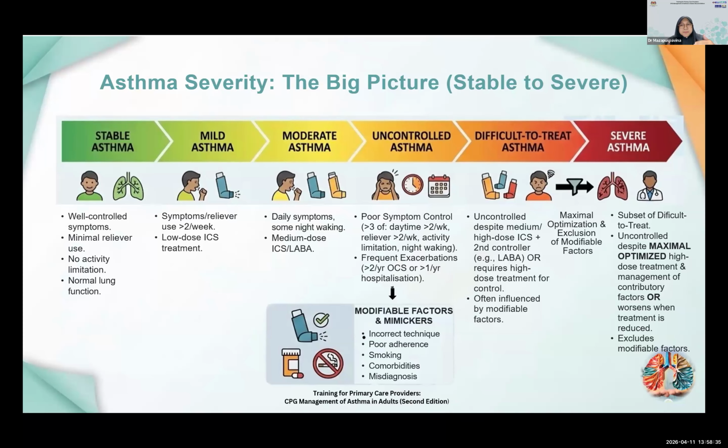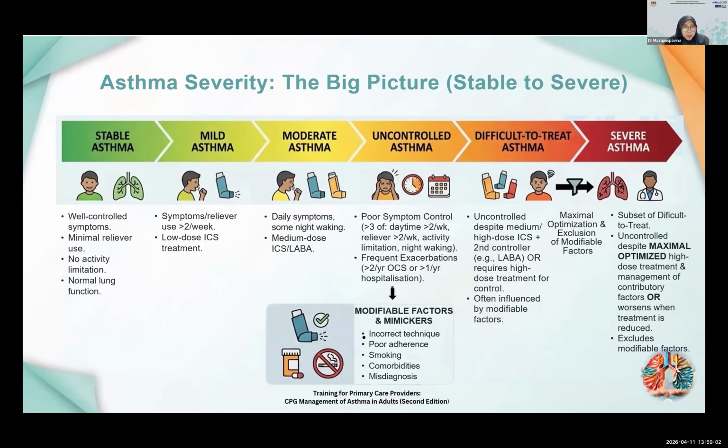Then under stable asthma, you can have mild to moderate, partially controlled, or uncontrolled asthma. For partially controlled mild asthma, the patient needs to use a reliever more than 2 times per week and a low dose of inhaled corticosteroids.